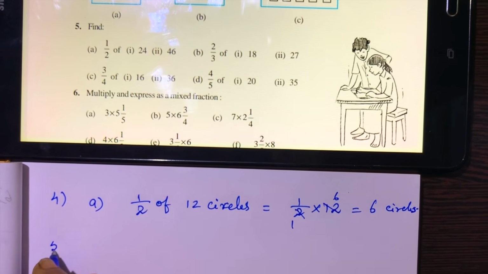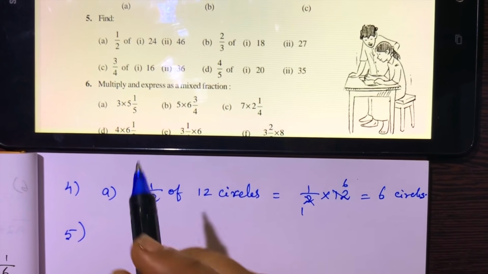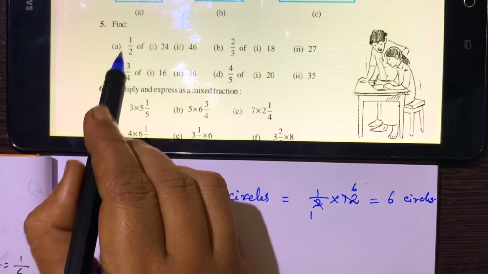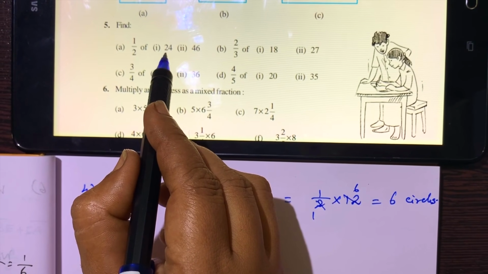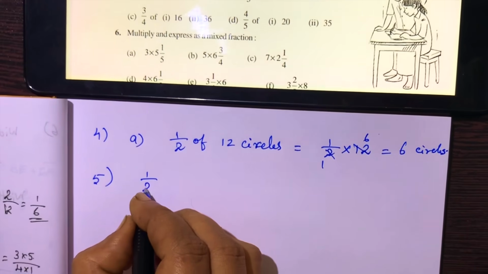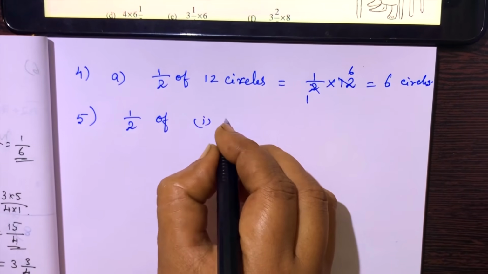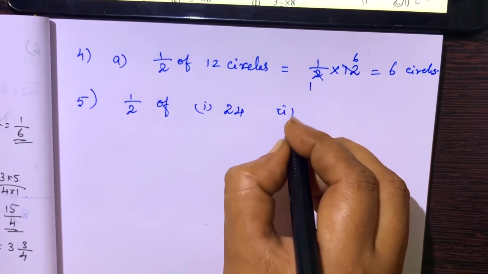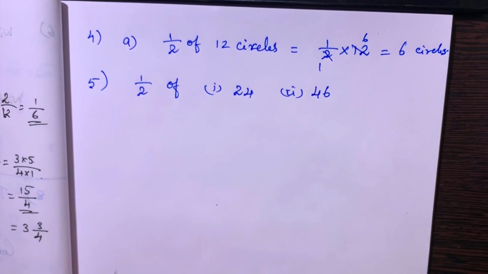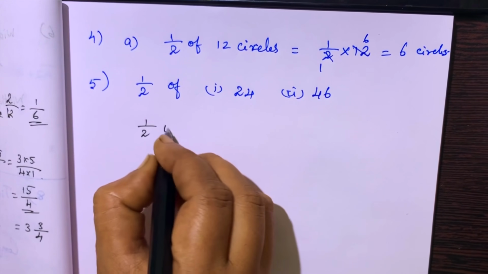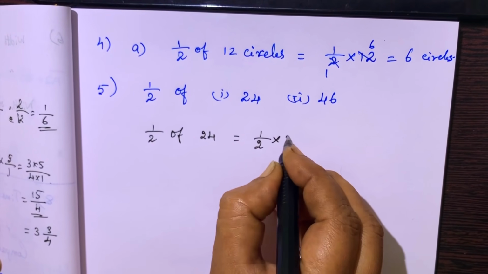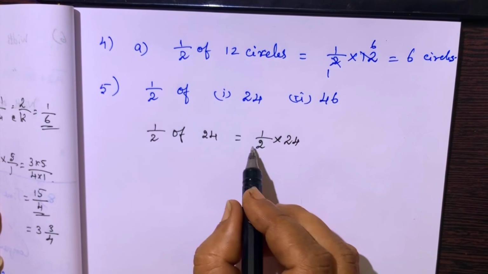Fifth one, they have asked you to find half of first one 24 and half of 46. So half of 24 is nothing but half into 24, by cancelling by 2.